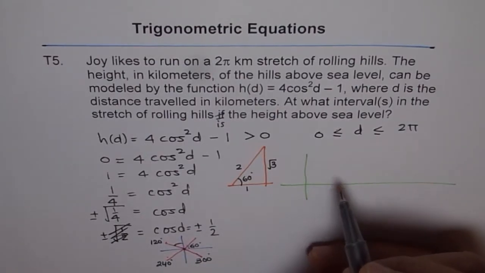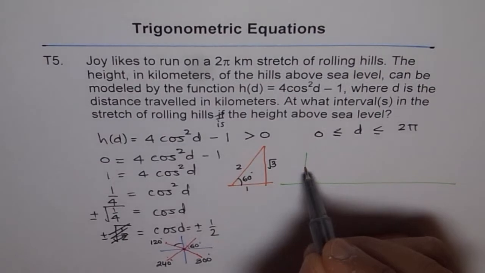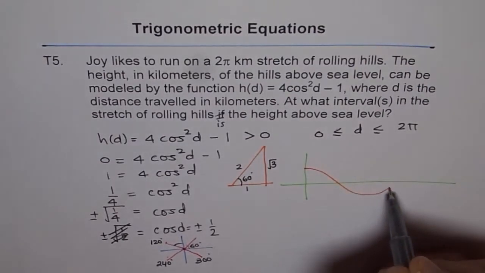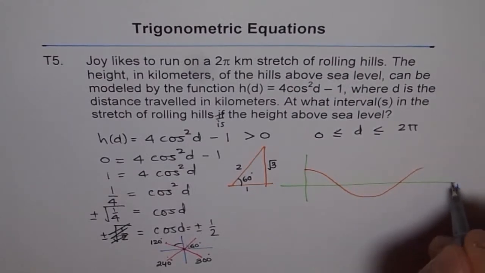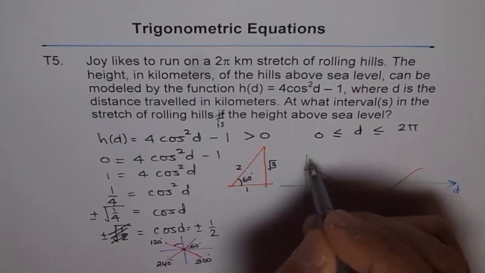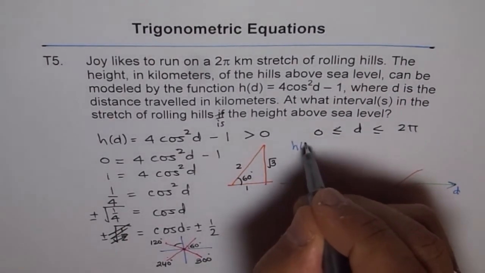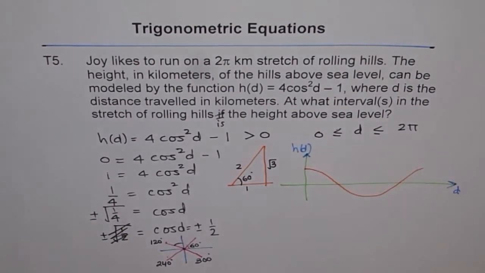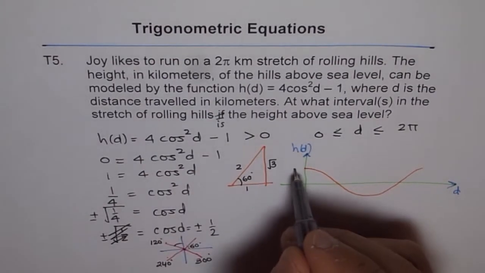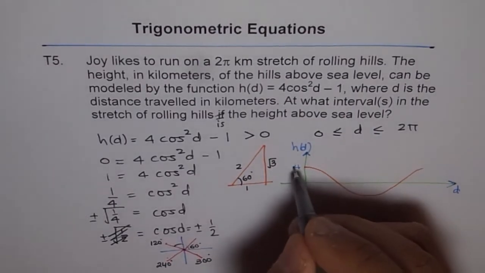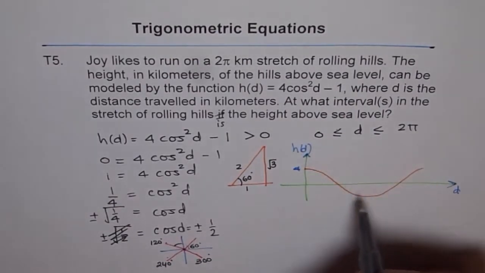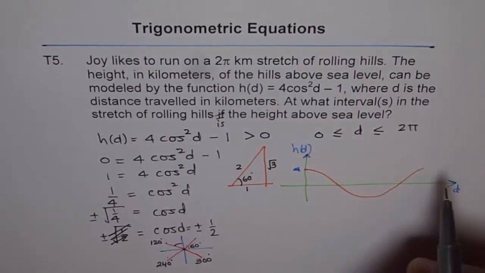Now, let's look into the cosine function. I'll draw a cosine function kind of like this. That is cos d. Now this is a function where d is on this axis, with distance, and that is h of d, correct? Anyway, let's say this is the kind of function it is, right?